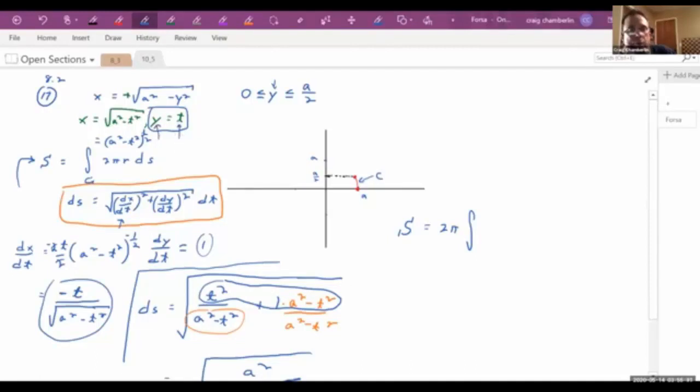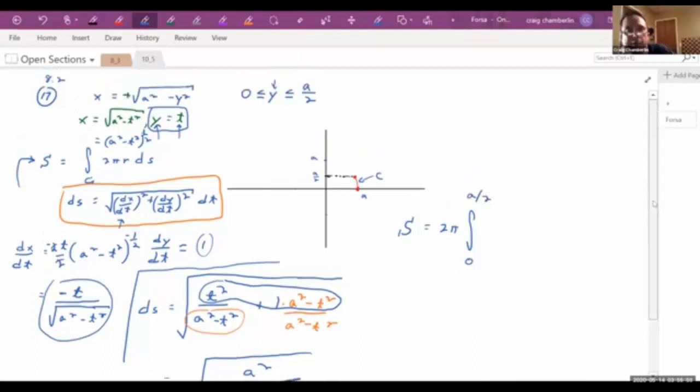So the limits of integration you're going to get for t, but t is y, so you're going to think about y. What does y go from? That's the same as what t goes from. So in the picture, what does y go from? 0 to a over 2. Okay, so 0 to a over 2.